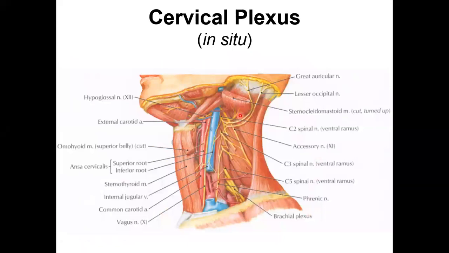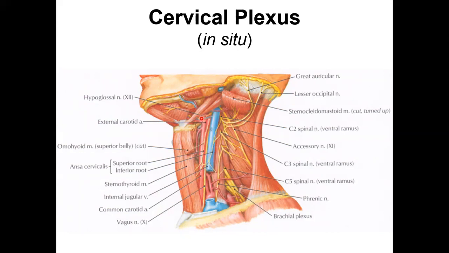So again, here's our cervical plexus. And you can see where it is in relation to our carotid sheath and structures that are within the carotid sheath. Here's your common carotid artery, here's your IJV, and then we can see our ansa cervicalis here, taking fibers from C1, C2, and C3 to make a big loop of nerves.